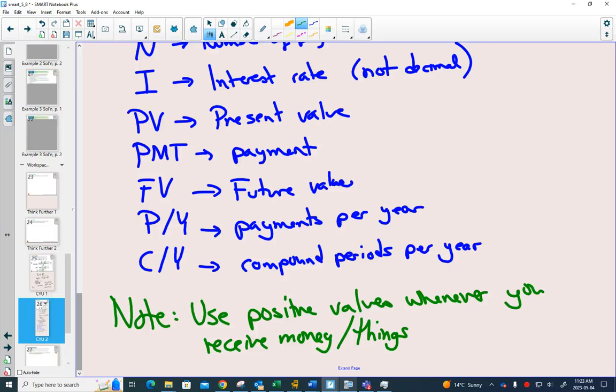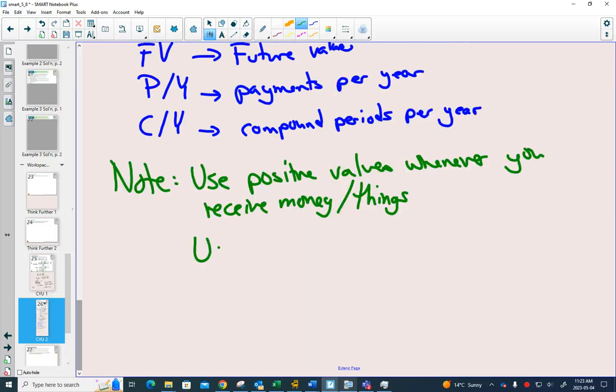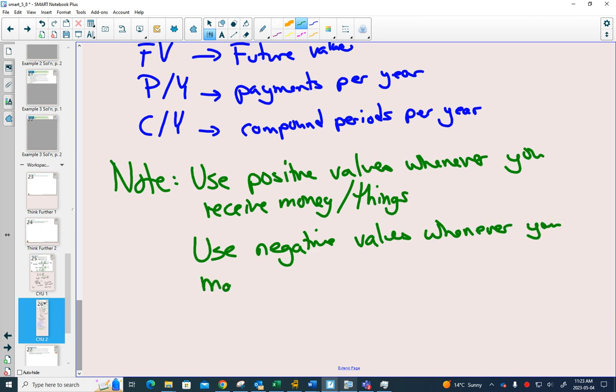Okay? And we use negative values whenever you make a payment or investment. In other words, whenever you give money away.